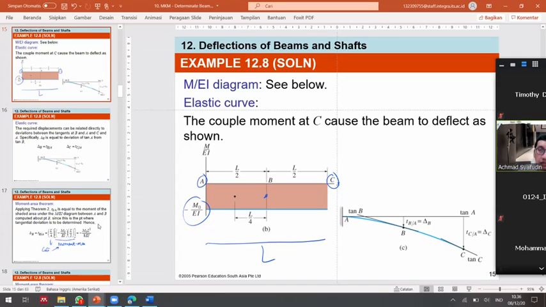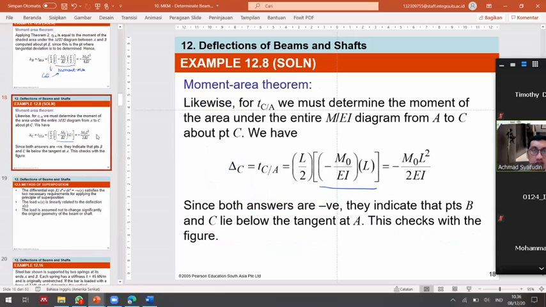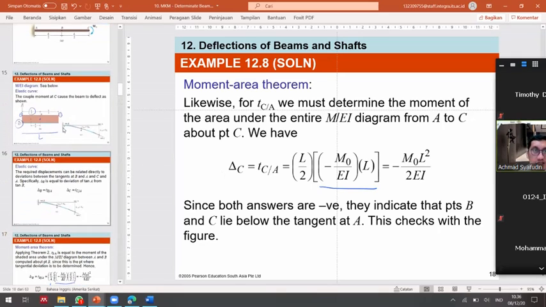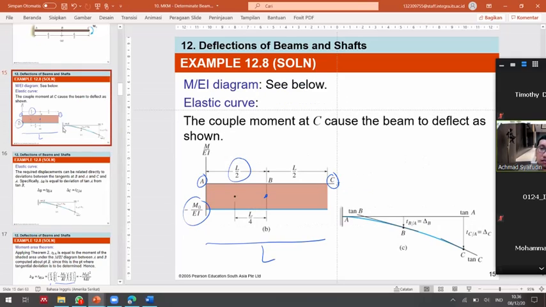The center of gravity is here, and so this is L per 2. So the final formulation is like this. This is how to get the deflection at point C. Point C is at the end of the beam, and point B is in the middle of the beam.